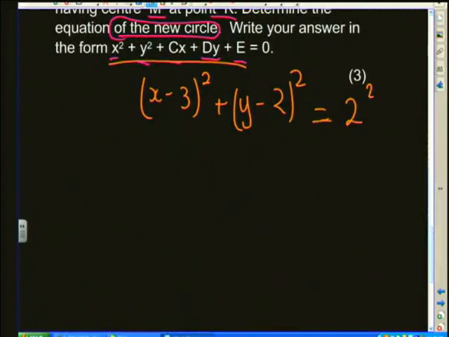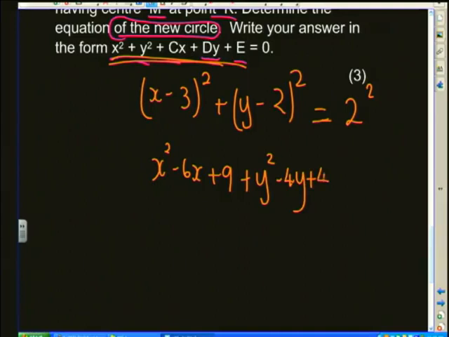Okay, let's simplify all of this so that we can write it in the form they want. We get x squared minus 6x plus 9 plus y squared minus 4y plus 4 is equal to 4. Let's rearrange that. They first want x squared, then plus y squared, so it's x squared plus y squared.